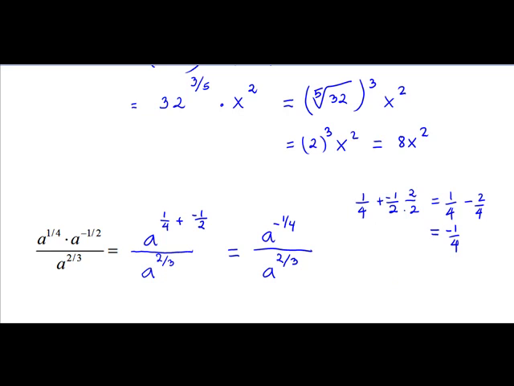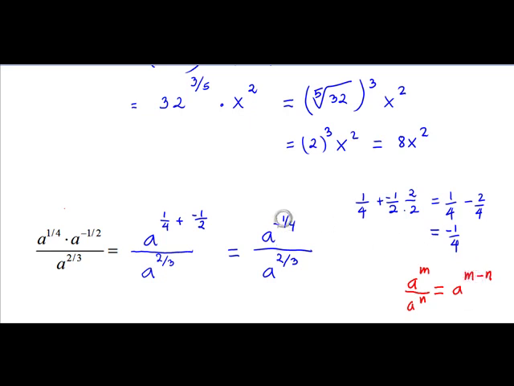Let's do a different color. You have a to the m over a to the n. As long as the base is the same, which is a and a, we keep the common base and take the top exponent minus the bottom exponent, where m and n are real numbers. That means it can be a positive integer, or fraction, or whole number.